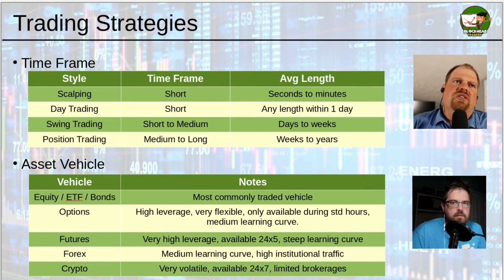One of the other asset vehicles in here is bonds. I'm not familiar with a lot of scalping strategies or day trading strategies with bonds. I'm sure they probably exist, but typically bonds are used in strategies that are a little bit longer term. So they could be in swing trading, but most of the time you're going to find them in position trading.